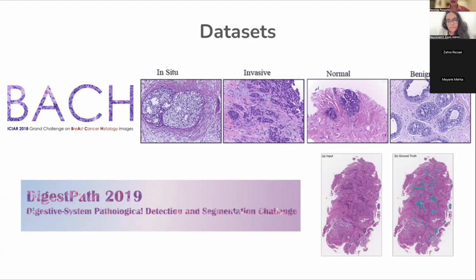And the second data set was DigestPath, or Digestive System Pathological Detection and Segmentation data set. This data set included colon tissue histopathological images in two subclasses: negative images, or normal colon tissue, and positive images, which included some parts of colon tumor or colon cancer.